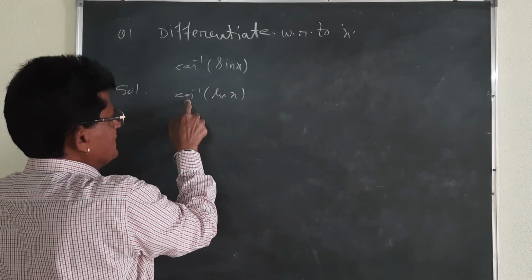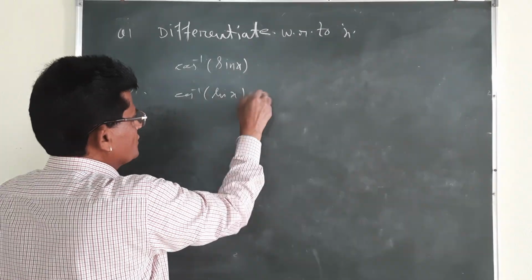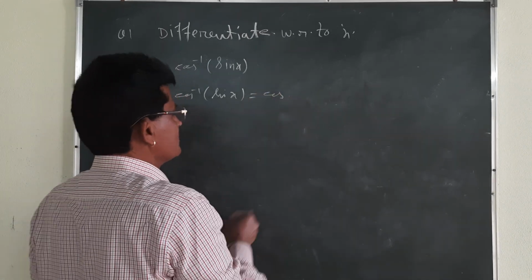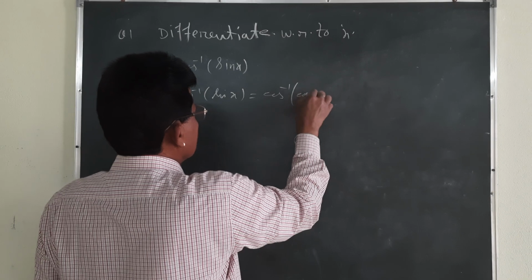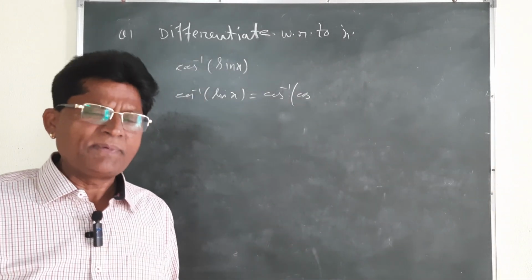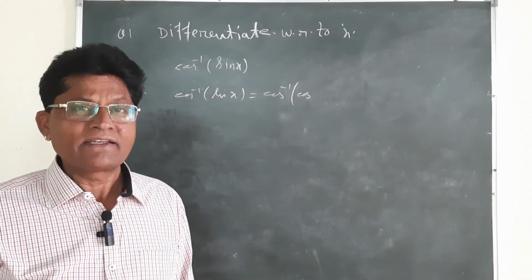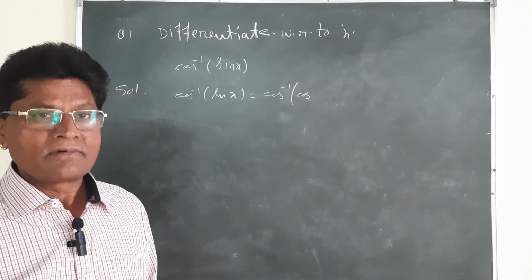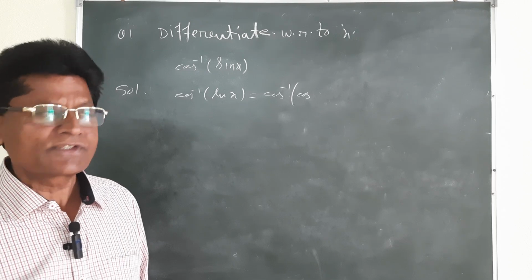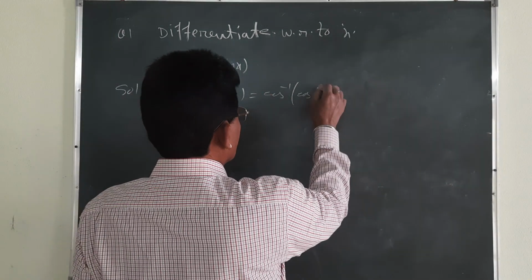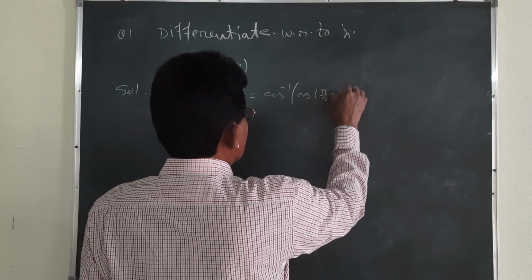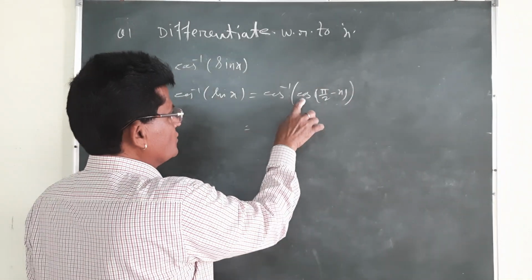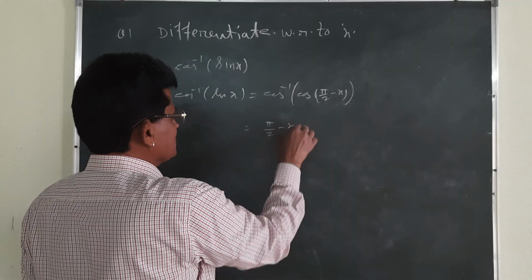Here it is cos inverse. Better to take cos here also. How can you make cos here? Cos inverse sin x. Sin x will be equal to what? Cos of 90 minus theta is equal to sin x. When x lies in the first quadrant, that is why in place of sin x you can write cos of pi by 2 minus x. And I told you cos inverse of cos, then its value is pi by 2 minus x.